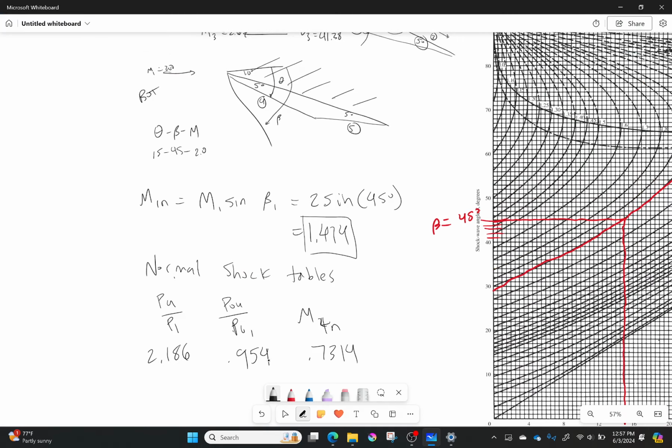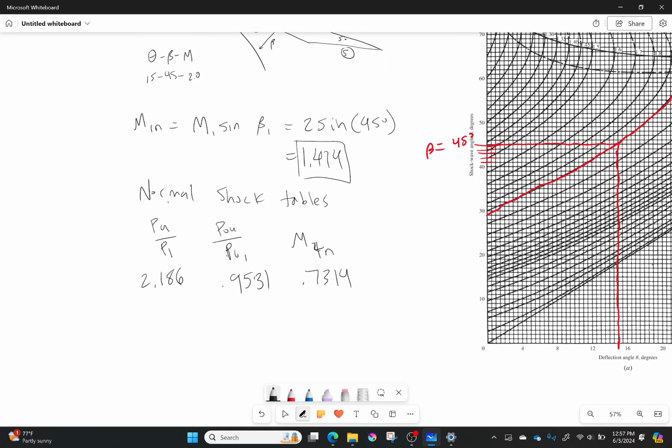That was 0.9531, not 0.954. Perfect. And just so you know, that was for 1.42. So technically, it's not quite the right one. I would have to interpolate to get the correct one, or if you have a calculator, use the calculator to get the exact values for you really quickly.